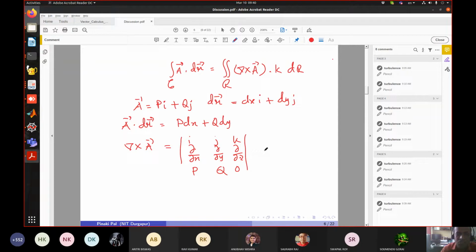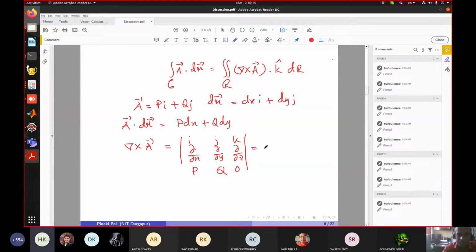The i and j components will not be necessary in this case. So this is basically an effort to represent Green's theorem in vector form. And it turns out that if you take the dot product of this quantity with k, you will get the desired function.